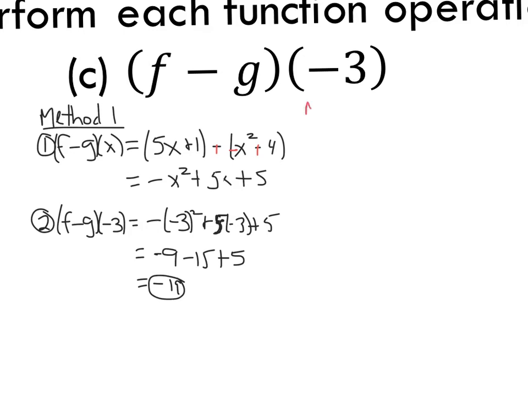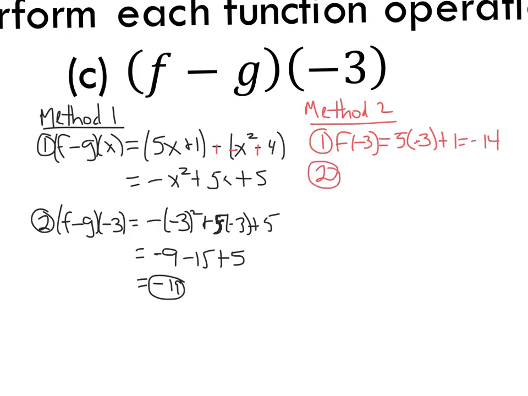For method 2, what we could do is find f of negative 3 first. So that would be 5 times negative 3 plus 1, which would be negative 14. Second step is to find g of negative 3, which would be negative 3 quantity squared minus 4.